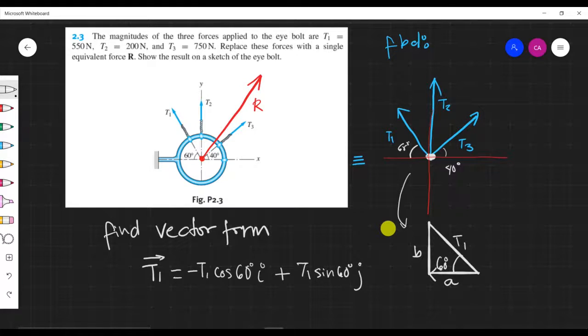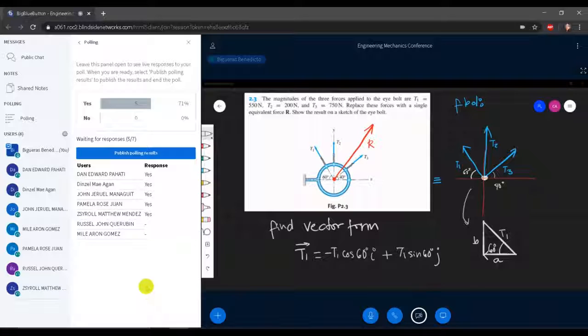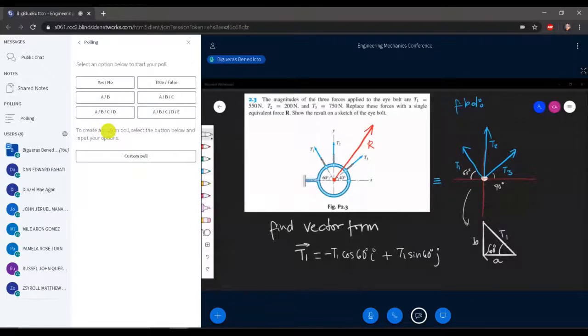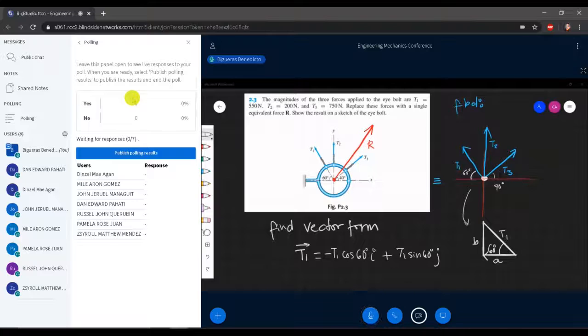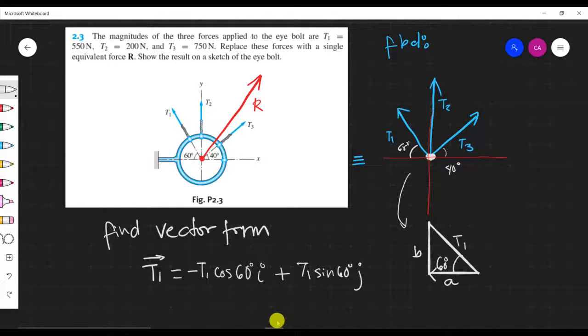Okay? Gets ba kung paano natin nakuha yung vector form ng T sub 1? Ganun siya, no? Yung T sub 1 natin, kumaliwa tapos tumaas para makuha natin yung final form niya.